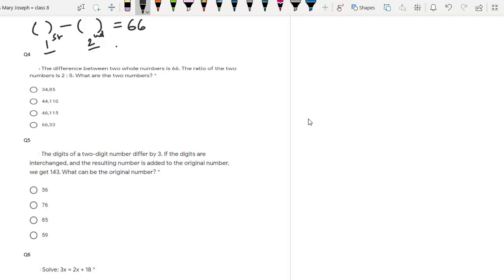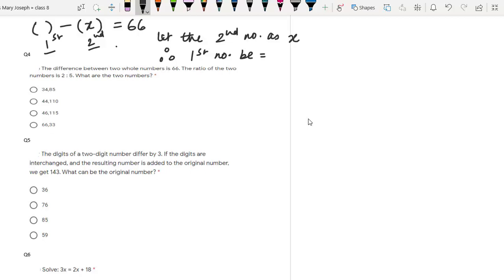Now let us assume the second number as x. Let the second number be x. Therefore first number or the larger number will be how much? For that let's use this equation only. I have assumed second number as x.